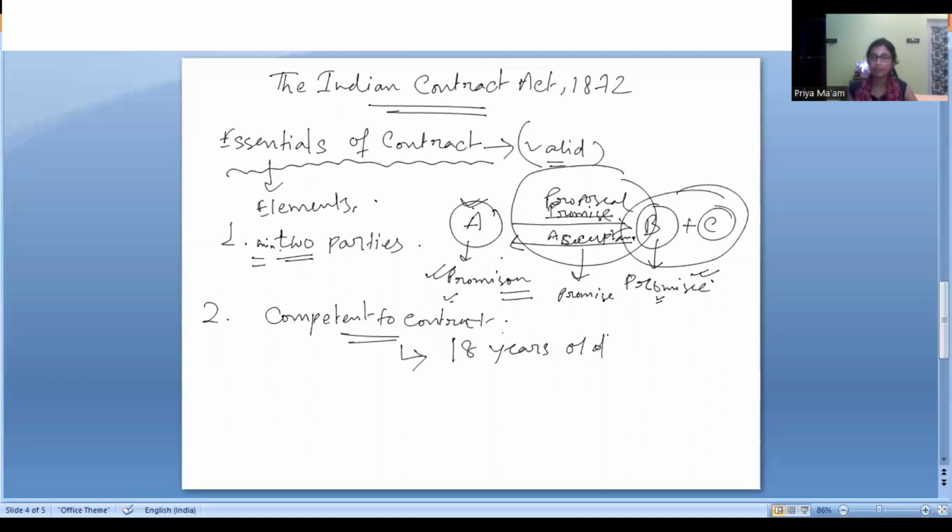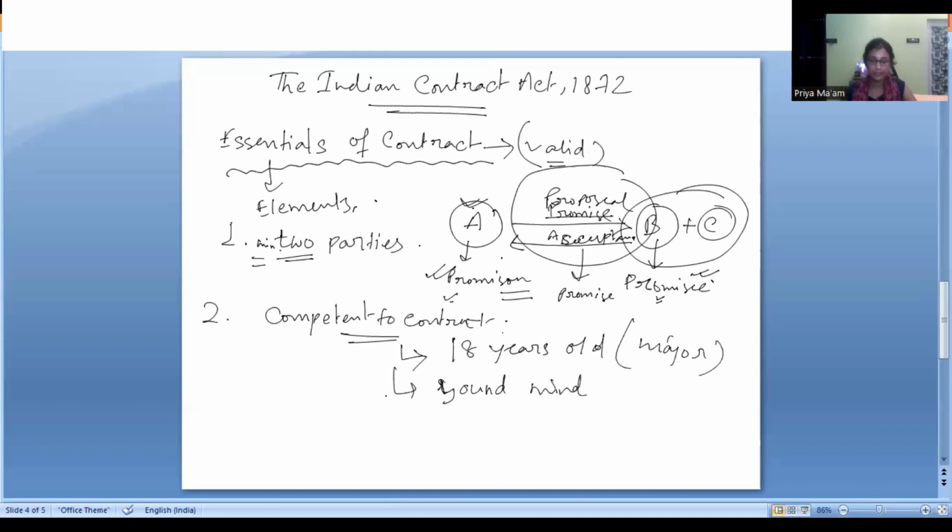We cannot make a contract with a minor, who is under 18 years old and not a major. Here it is major. Next, should be of sound mind, meaning who is not insane or of unsound mind, meaning the state of mind.